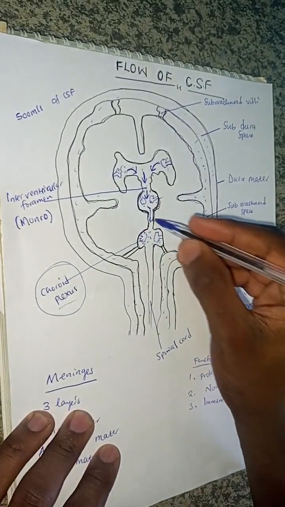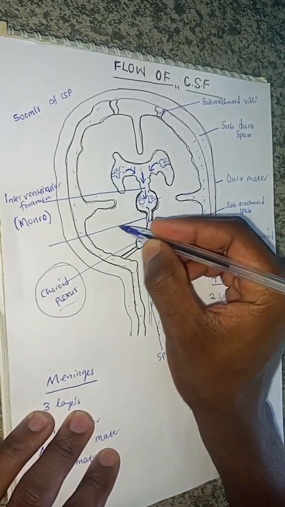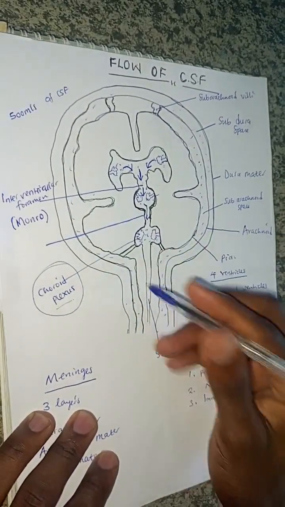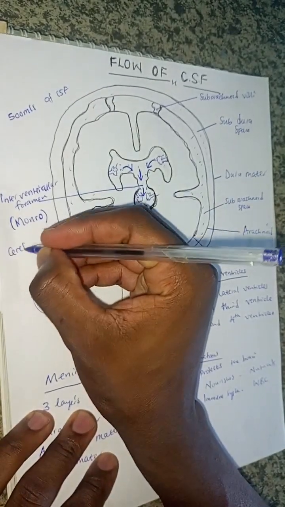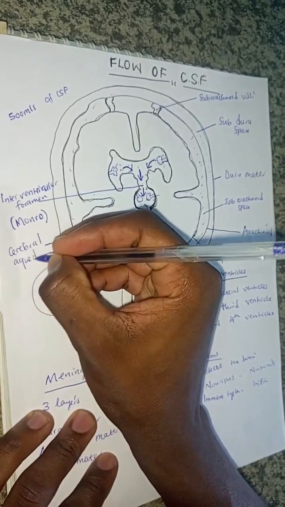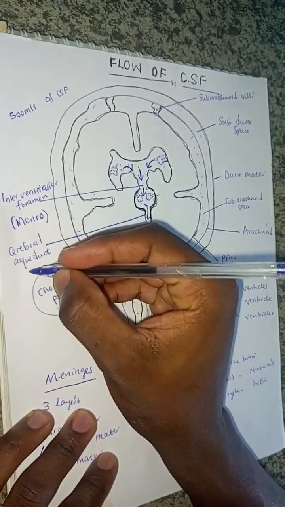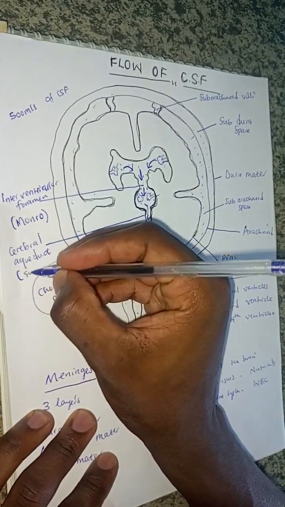through this other duct here, which we call the cerebral aqueduct, or aqueduct of Sylvius.